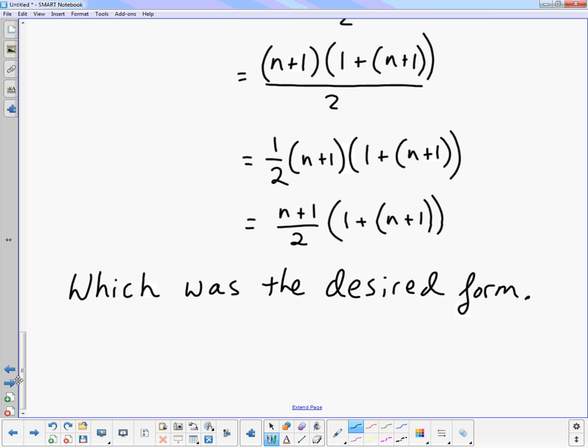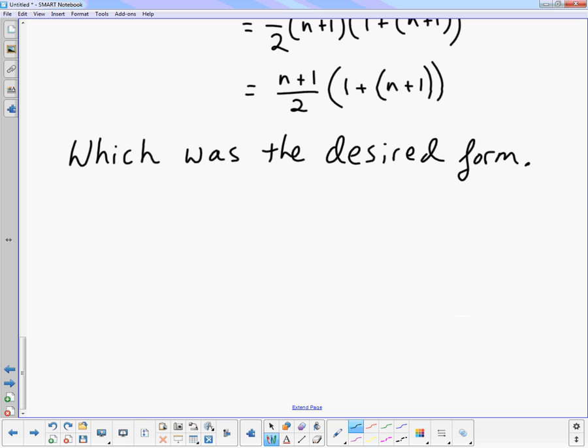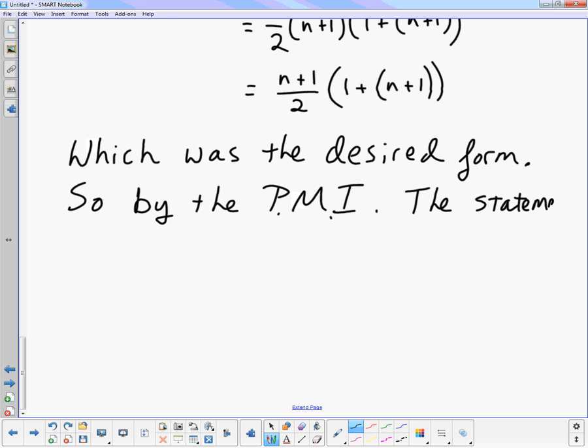Now, we have to finish this up, which was the desired form. So by the principle of mathematical induction, and I'll leave it at that, the principle of mathematical induction, for all elements of the positive integers.